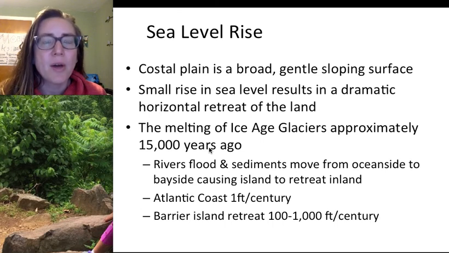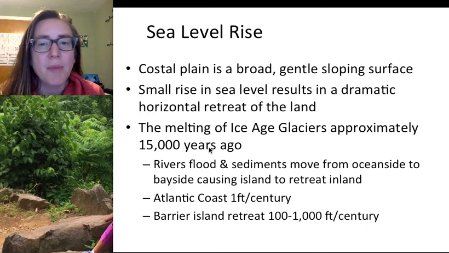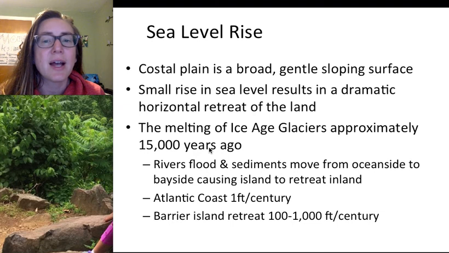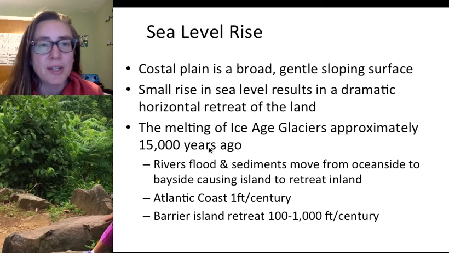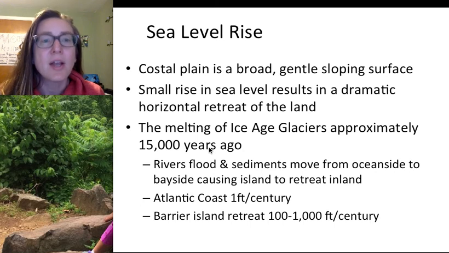As that water moved in, the rivers are going to flood, sediments are going to move from the ocean side of that barrier island to the bay side, and that's going to cause the island to retreat towards the inland. So the barrier islands are always in motion, but they are going to be moving towards the mainland.